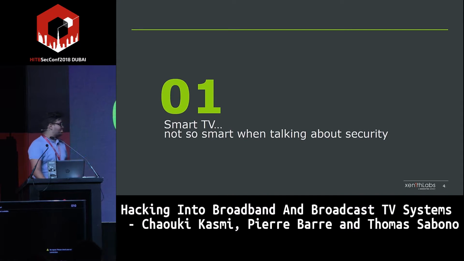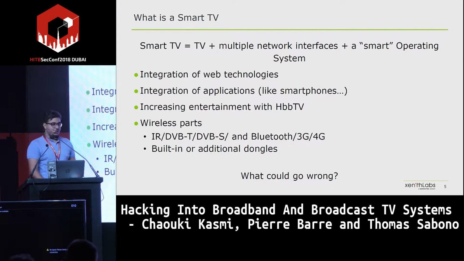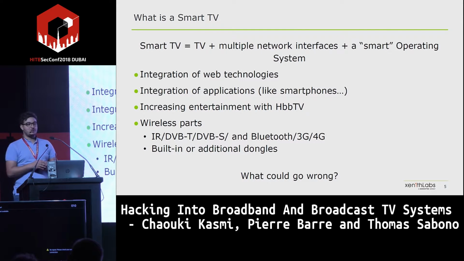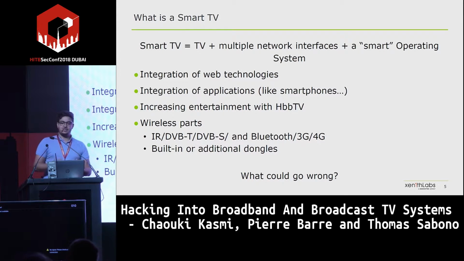So let's talk about smart TVs and understand why they are not really smart devices. So what is a smart TV first? A smart TV is basically a very old basic TV where we decided to put inside new network interfaces, and we added new, let's say, smart operating systems with web technologies, applications like smartphones.